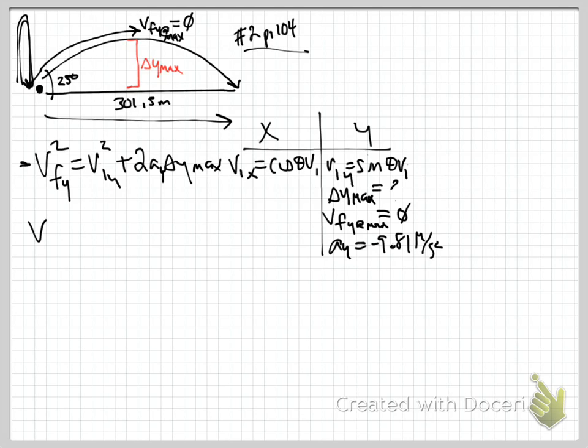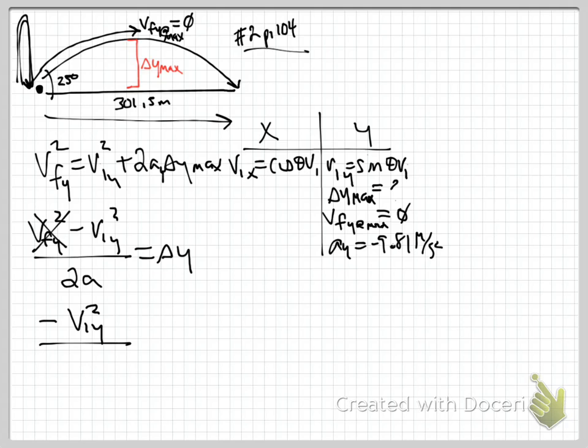So let me get rid of that so it doesn't look like it's a negative. VFY squared minus VIY squared divided by 2a equals delta y. And we know that this is 0, so it goes away. So we have negative VIY squared divided by 2a equals delta y.